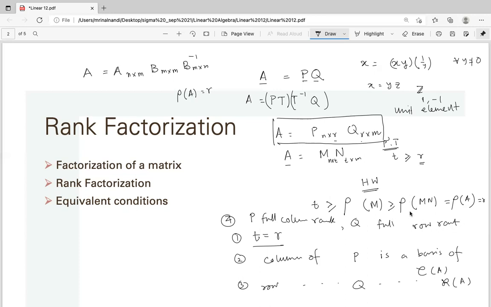Remember that PQ is nothing but linear combinations of the rows of Q. If you multiply a matrix on the left side, you are taking a list of linear combinations of rows. If you multiply on the right side, it is a list of linear combinations of columns.